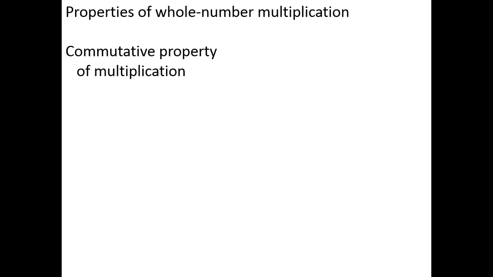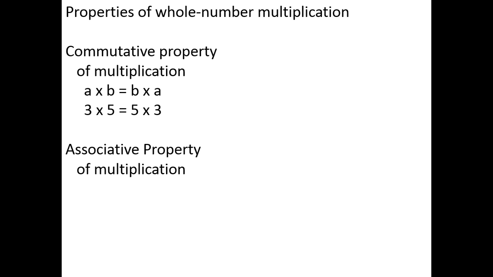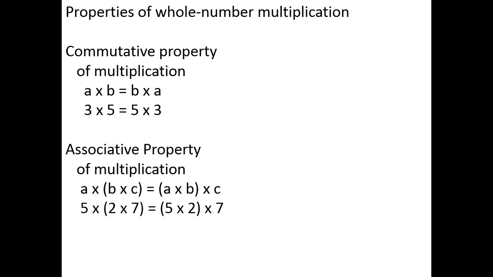There are some properties of whole number multiplication that will look similar to the properties of whole number addition. There is a commutative property of multiplication that says that we can multiply numbers in any order and still get the same product. There's an associative property of multiplication that says we can group numbers that are being multiplied in any way and still get the same product.